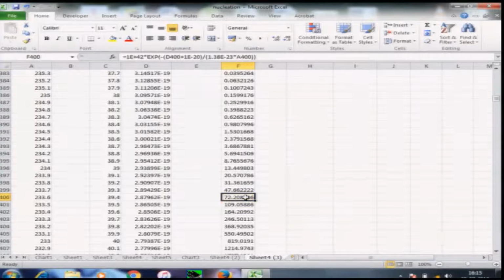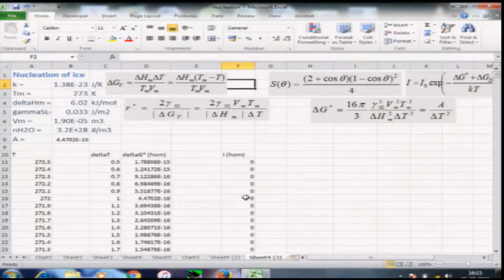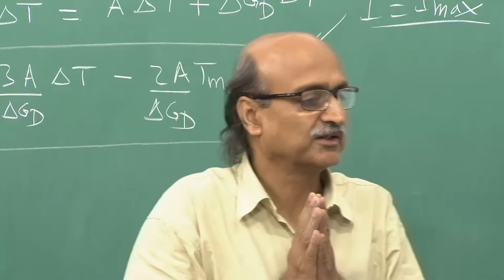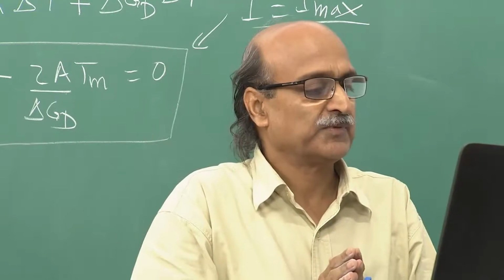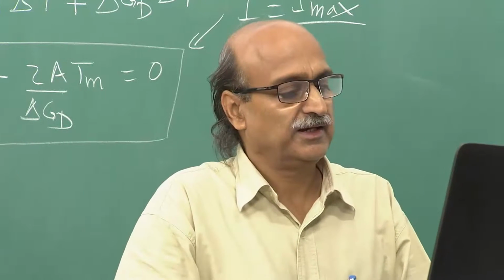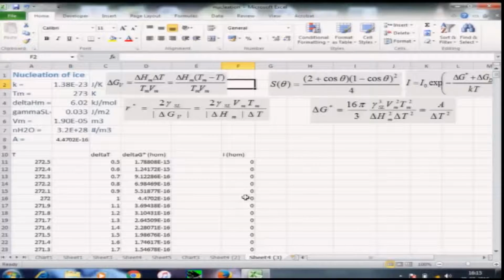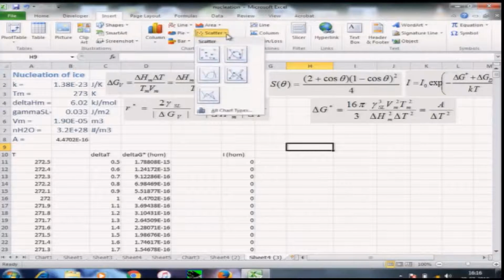Now, let me try and look at how this nucleation rate varies with undercooling delta T. How does this function look like? So, let us plot this function. Insert, go to scatter plot.